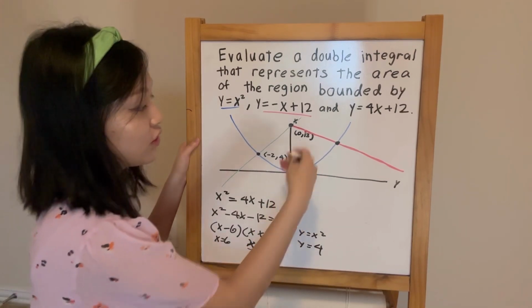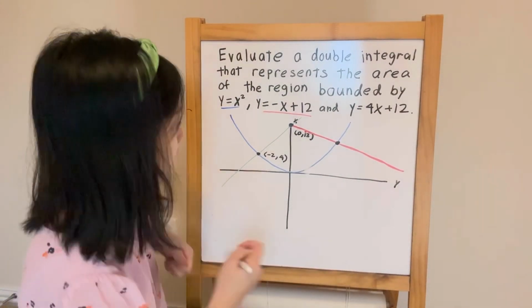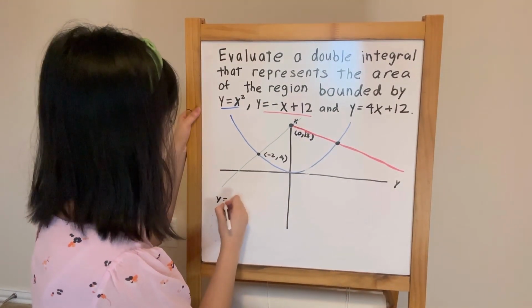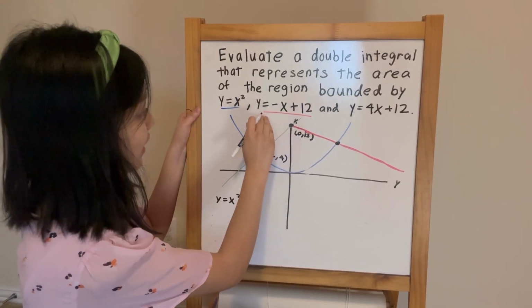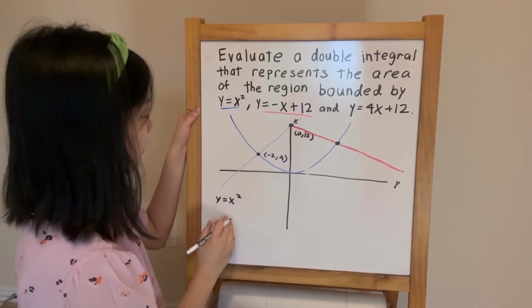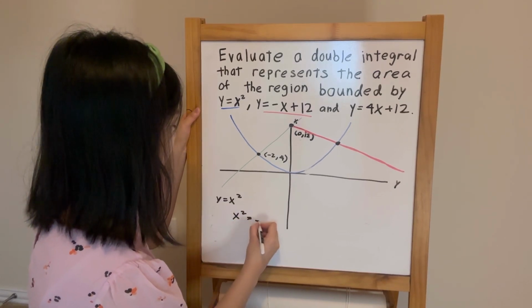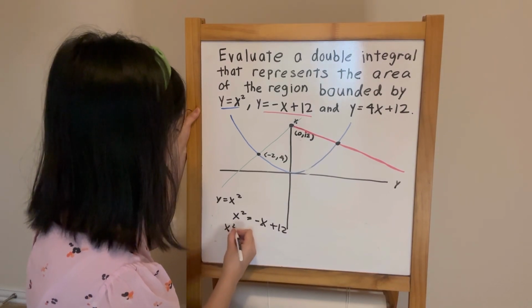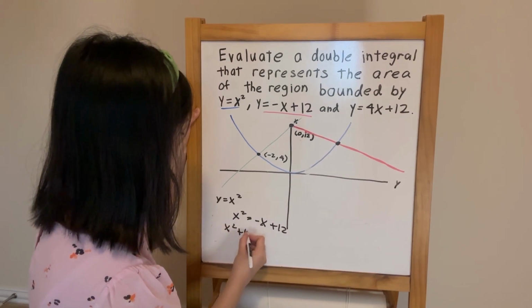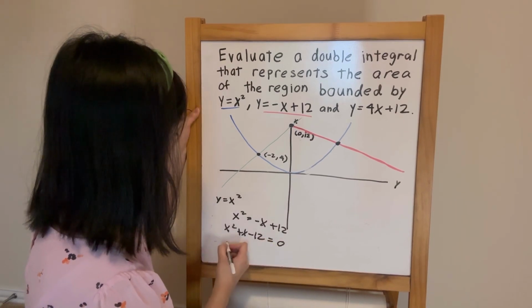All right, now let's do the same for the other side. We have y equals x squared, and I'm going to set this equal to the other line. So it's going to be x squared equals negative x plus 12. I'm going to move it to the other side, and then we're going to factor.